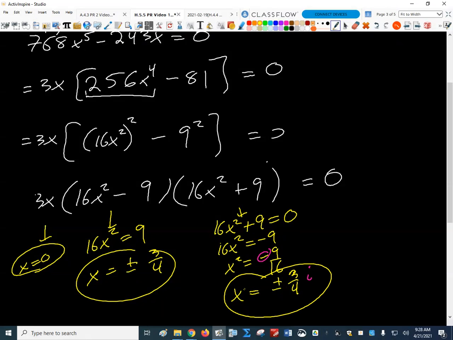Okay. So why did I pick that example? Because I wanted to illustrate that we don't have to factor anymore after that, right? Once I get down to a quadratic factor, remember, we can solve by isolating for linear factors and quadratic factors, right?